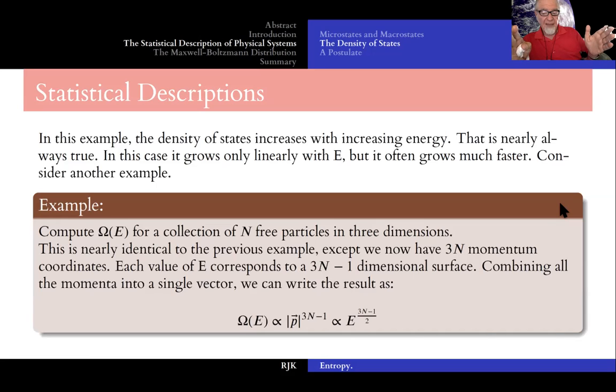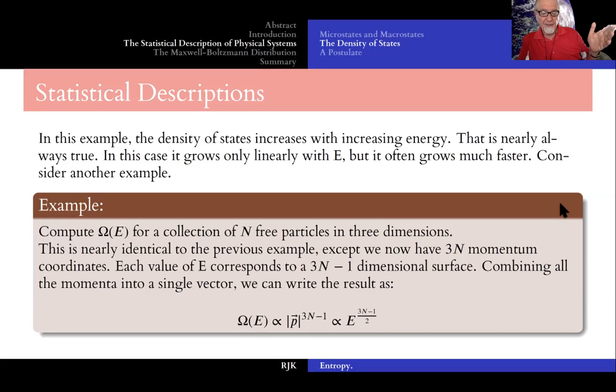Now that, for a specific energy, makes a 3n sphere. It's exactly the same as for a single particle, except that we're in 3n dimensions. So we're looking at the surface of a 3n sphere.